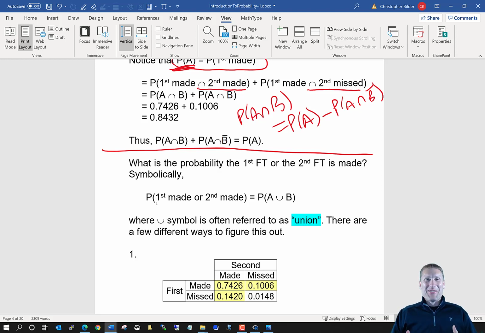It's hard to say some of this stuff sometimes. This means A occurs, or B occurs, or A and B both occur. Okay? And we can write this symbolically like this: the probability of A, and then this symbol that looks like a U.